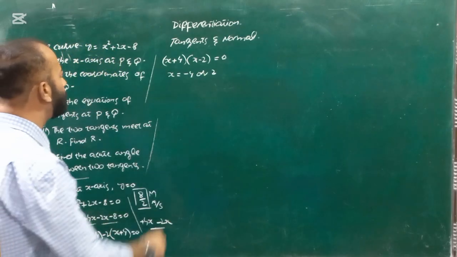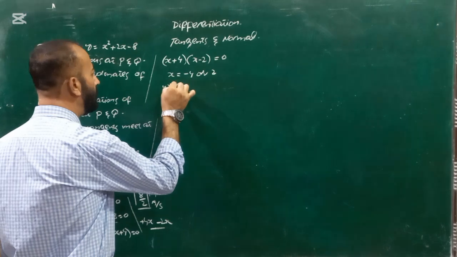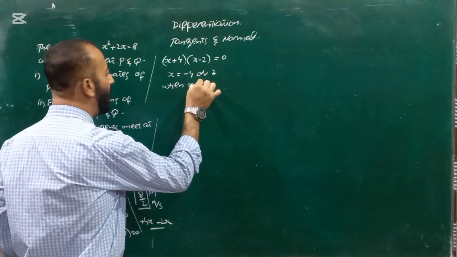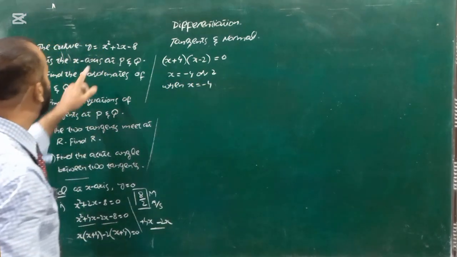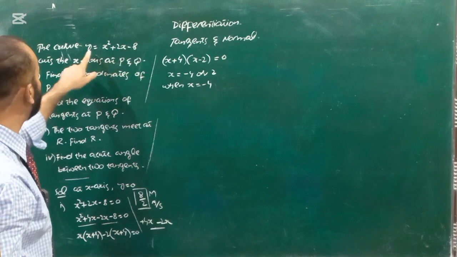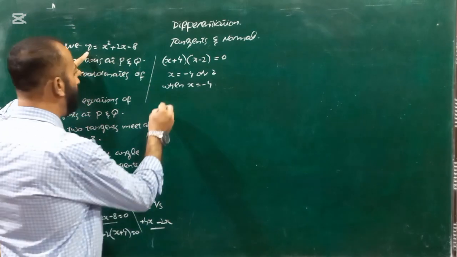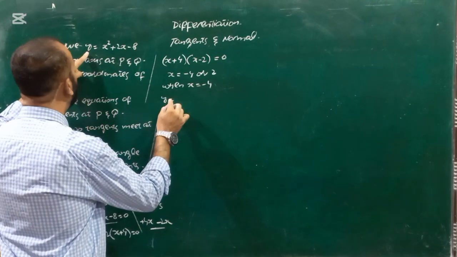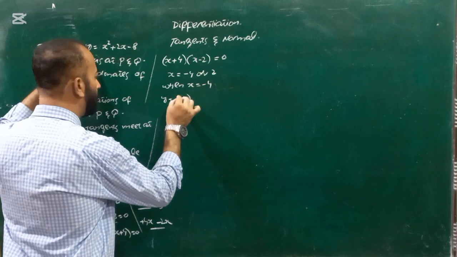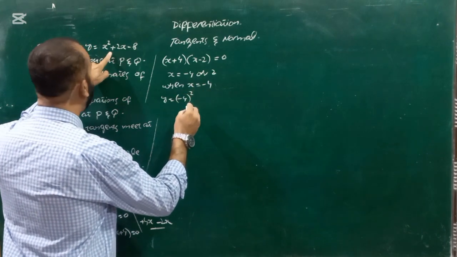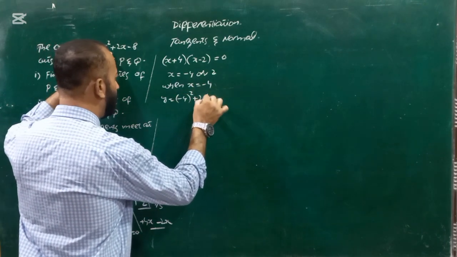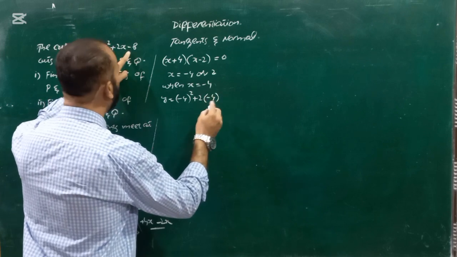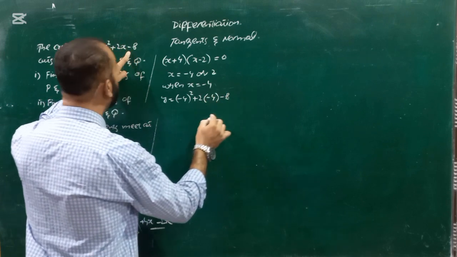Okay, when x is equal to minus 4, when we put minus 4 into the curve, it will become y is equal to minus 4 square plus 2 into minus 4 and minus 8 as it is.